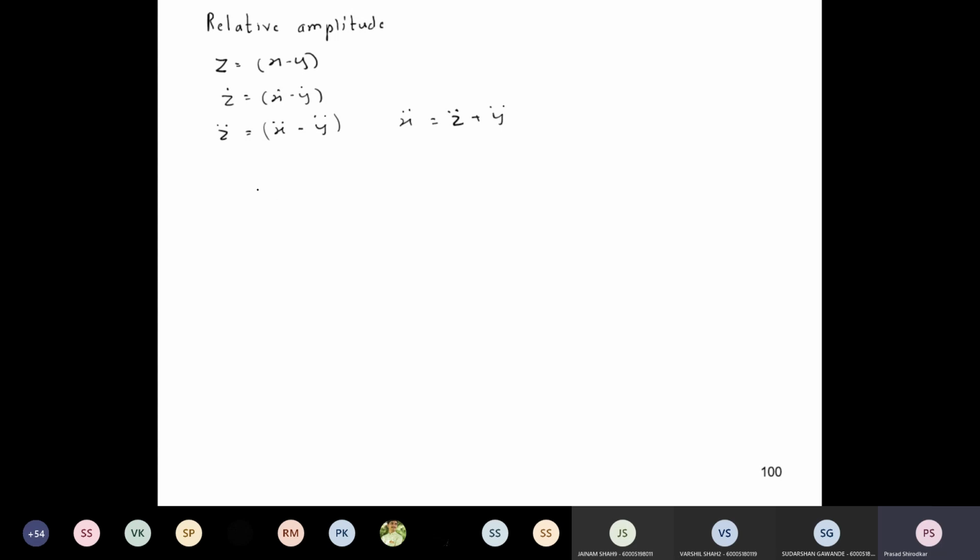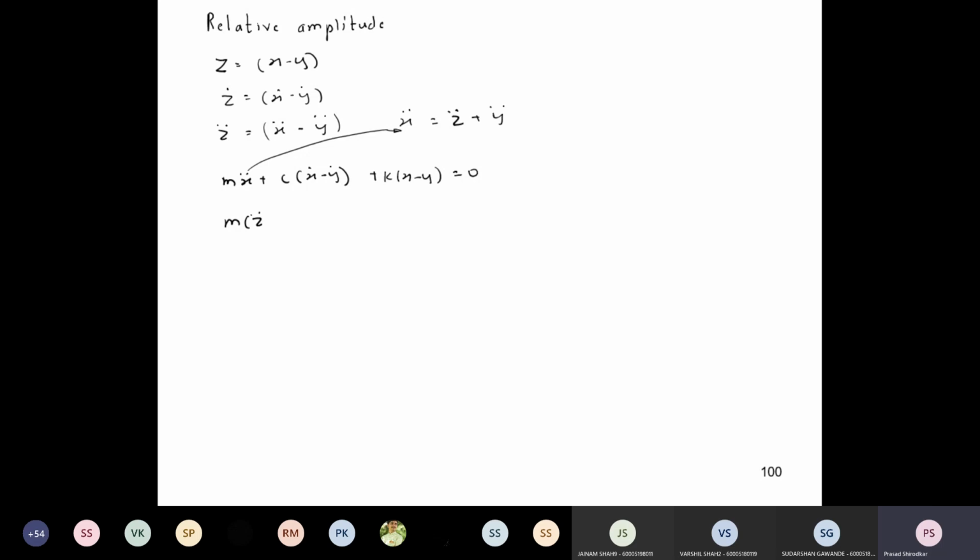So the equation for support excitation is m x double dot plus c into (x dot minus y dot) plus k into (x minus y) is equal to 0, right? So substitute x double dot in this equation.